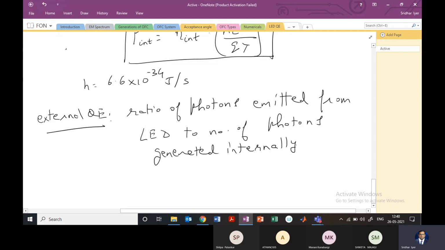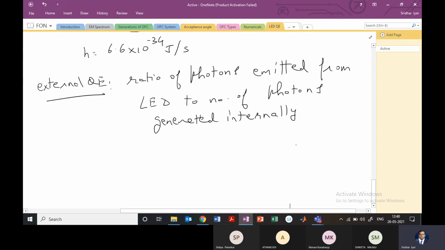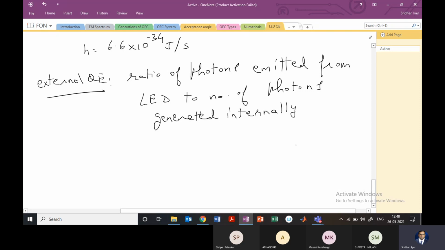All of the internally generated photons should ideally be converted into photons outside, but that's not going to happen. So we are going to have external quantum efficiency.